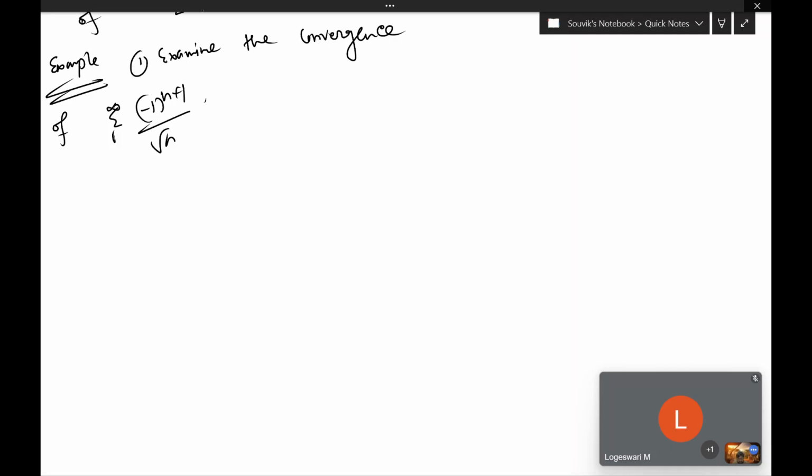Okay, so observe that this sequence 1/n converges to 0 and is monotone decreasing.